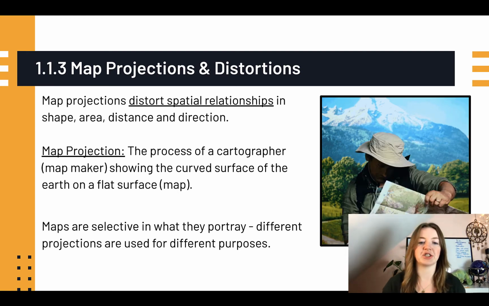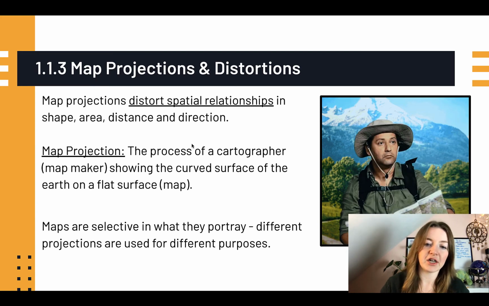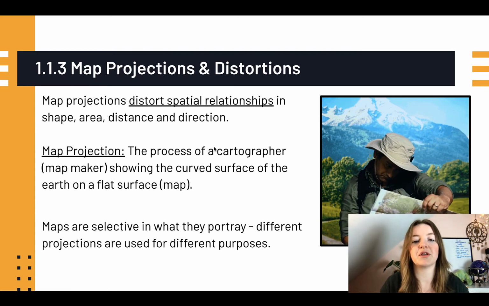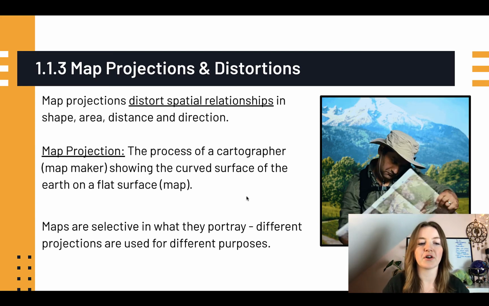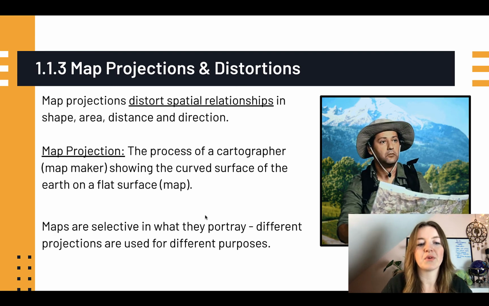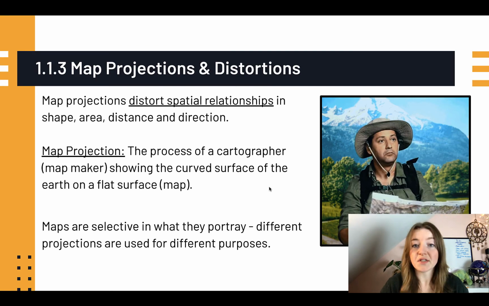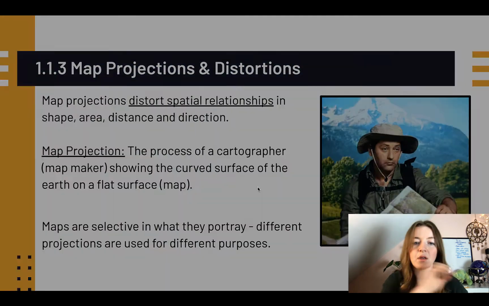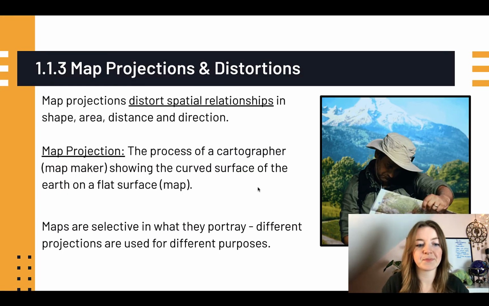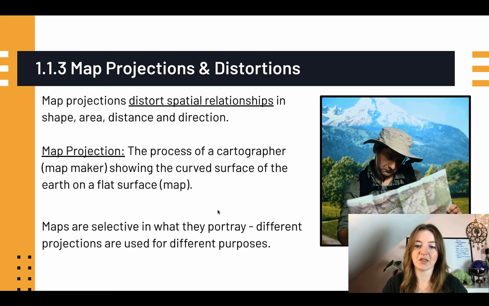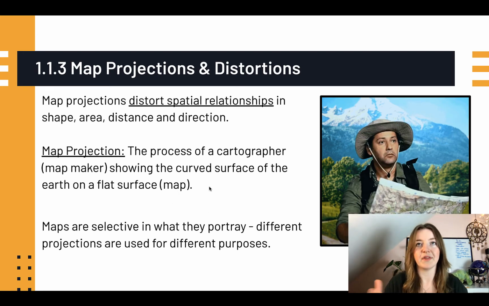So a map projection, the process of a cartographer, a map maker, showing the curved surface of the Earth on a flat surface, the map. Realistically, all we're doing is projecting or showing the curved surface of the Earth on a flat surface. And maps are selective in what they portray.